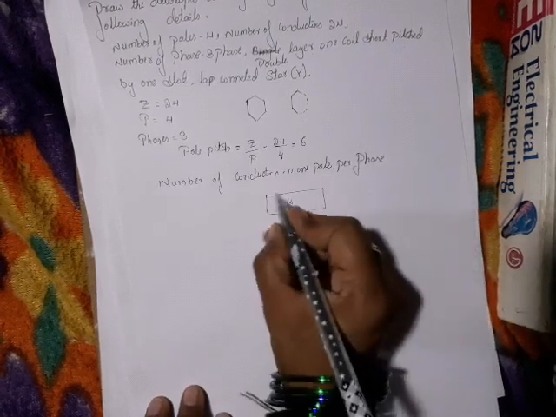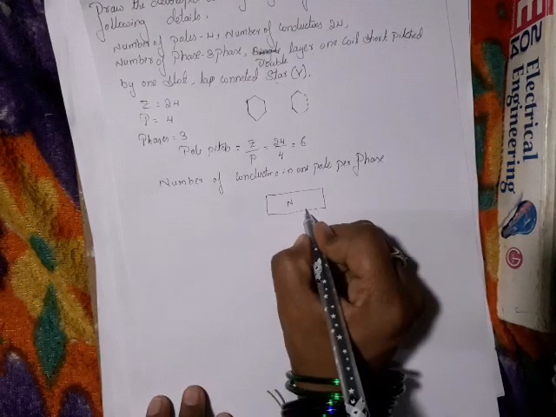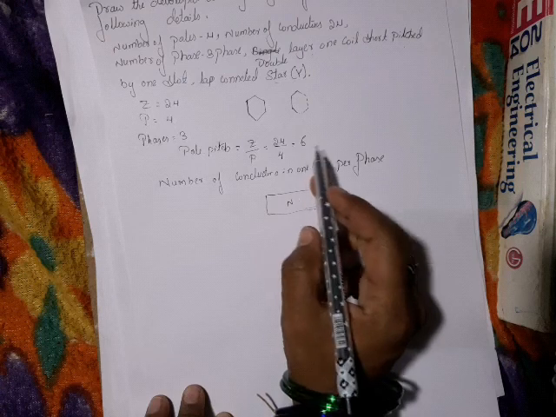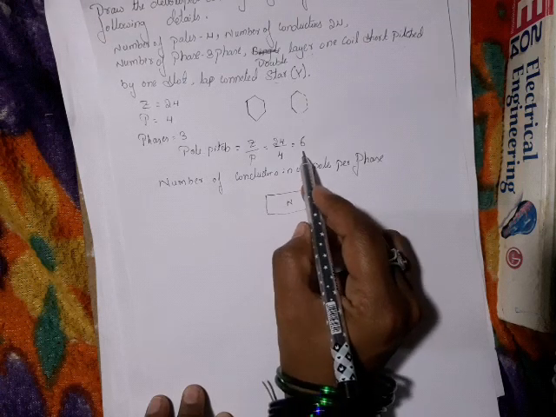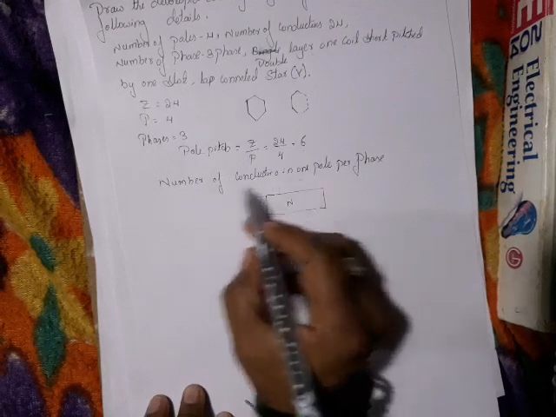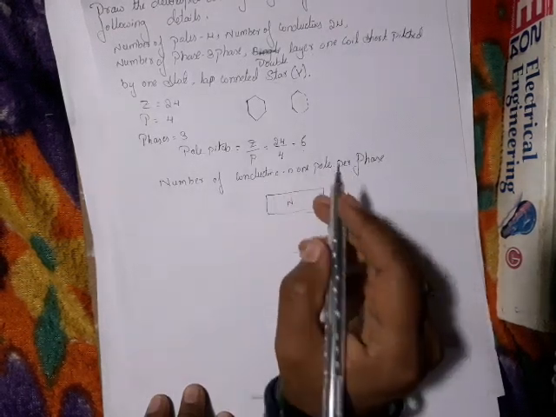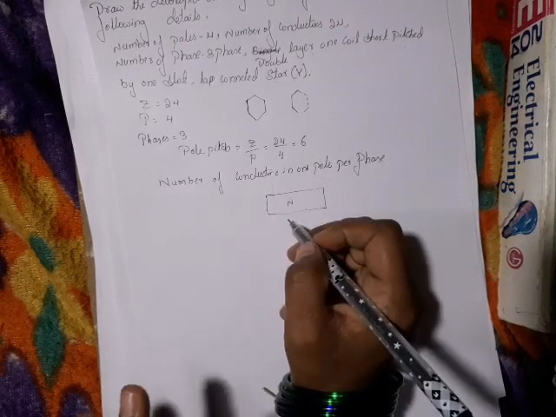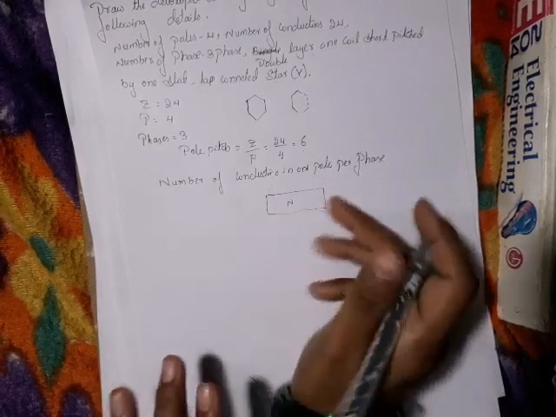So 4 poles. This is one pole. One pole consists of how many conductors? Totally it should consist of 6 conductors. We have 3 phases. In one phase, how many conductors should be there in one pole? That is what the question is.